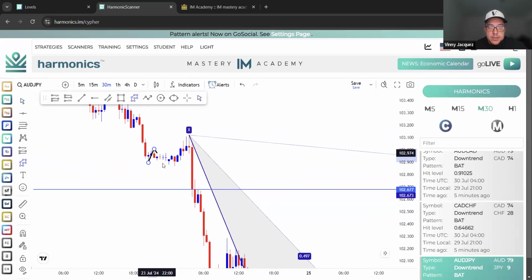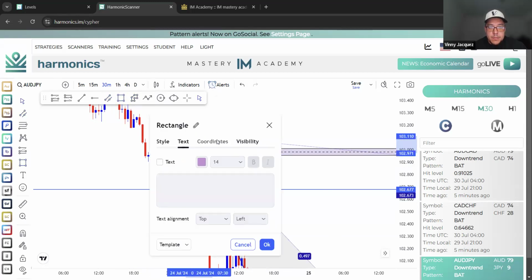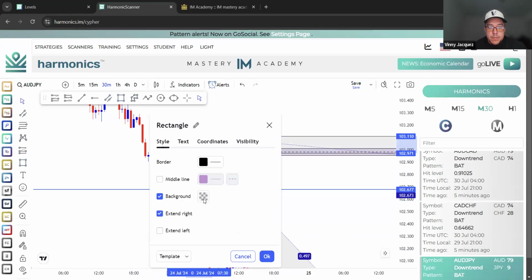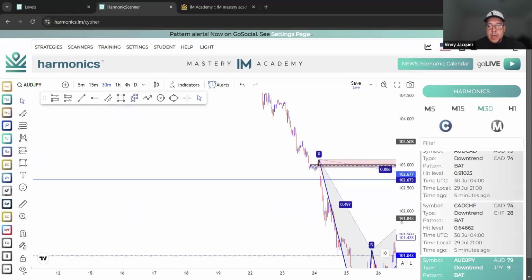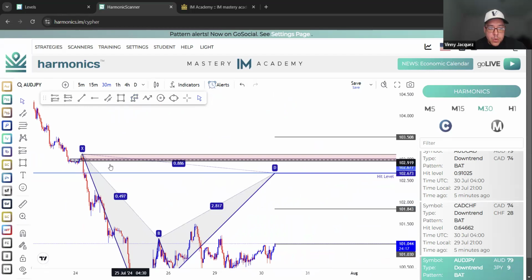We have consolidation, break up, change of character, right? So we have the shoulder here with the starting point here. So when we go left, it's a little low, but I can see why they're calling it, right? I can see why.